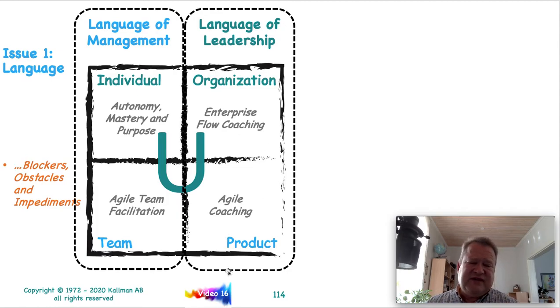And I was half tempted to draw this right-left separation. I almost drew it where the language of leadership is just primarily in the organization box and the language of management is in the other three, in reality. But I think this still works pretty well.